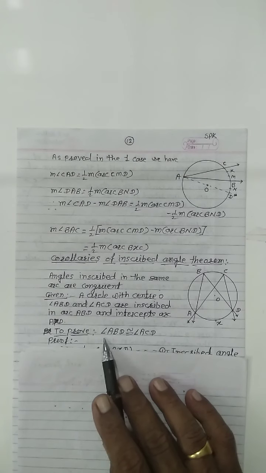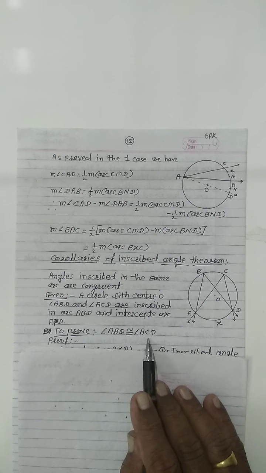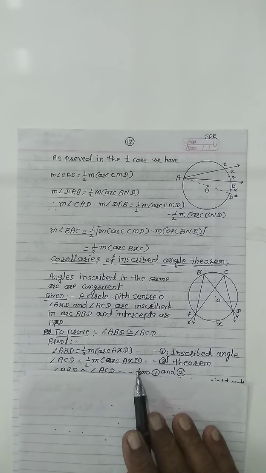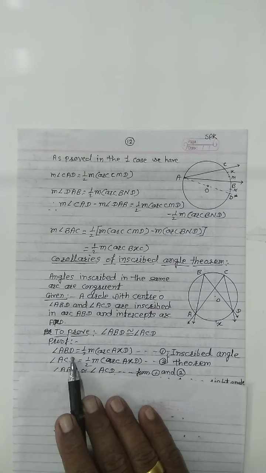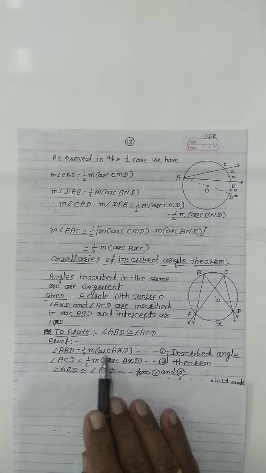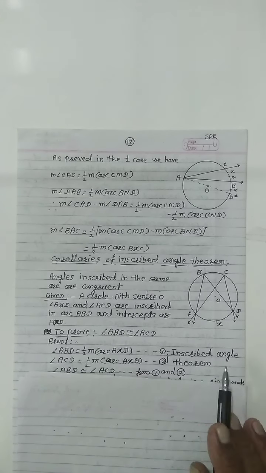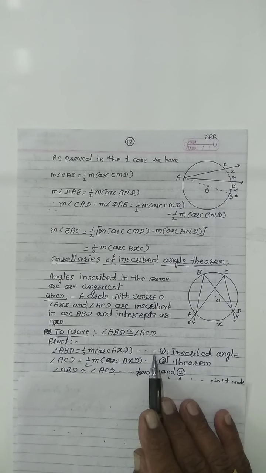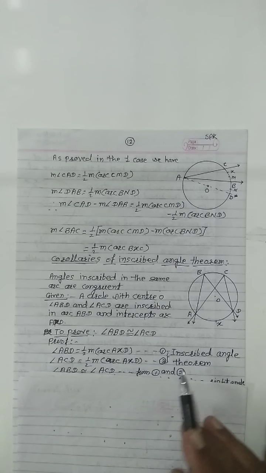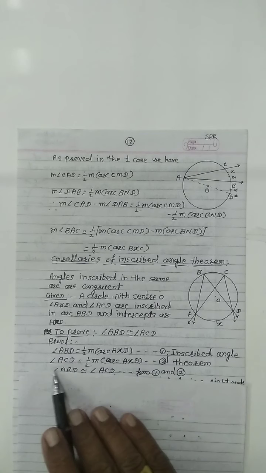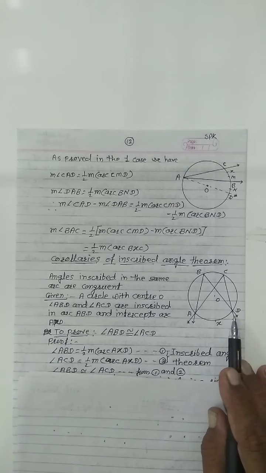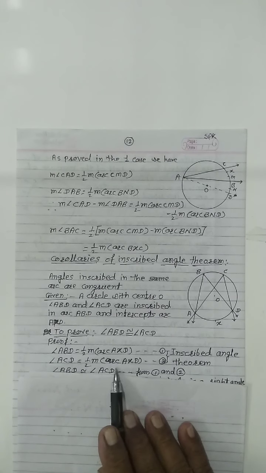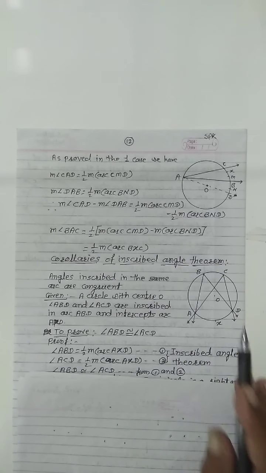To prove that angle ABD is congruent to angle ACD. Proof: angle ABD equals 1/2 measure of arc AXD, by the inscribed angle theorem, equation number 1. Then angle ACD equals 1/2 measure of arc AXD, equation 2.